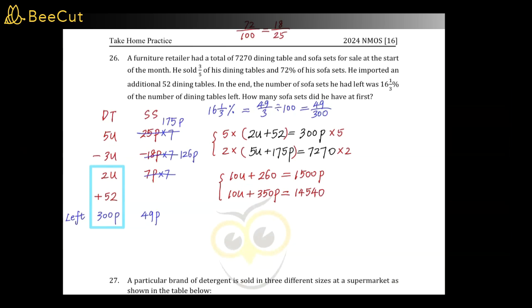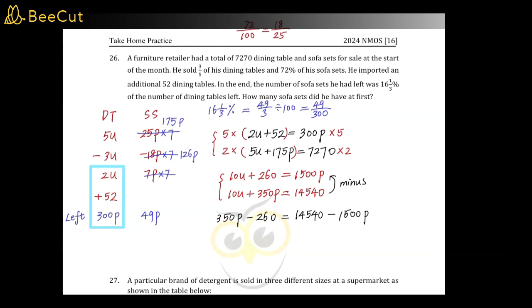Right, so now we look for the difference. Let's say we take the second equation minus the first equation. So on the left-hand side, 10u cancel each other. We have 350p minus 260 equals 14540 minus 1500p.